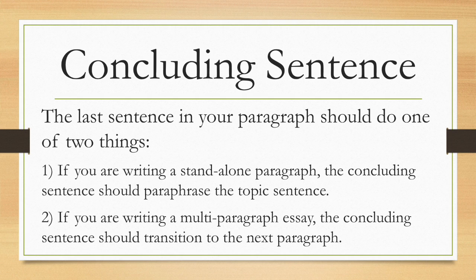It can end the paragraph, right? If you're writing a standalone paragraph, the concluding sentence should paraphrase the topic sentence. So it should use different words to describe the topic sentence and to connect your claims to a bigger idea. And your concluding sentence can also transition to the next paragraph if you're writing a multi-paragraph essay.